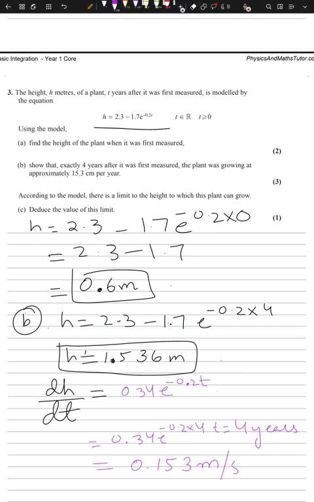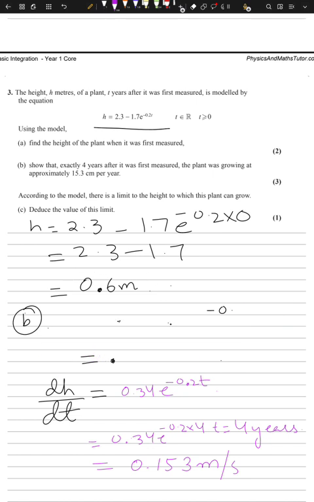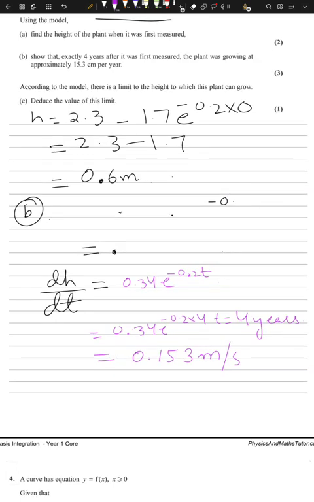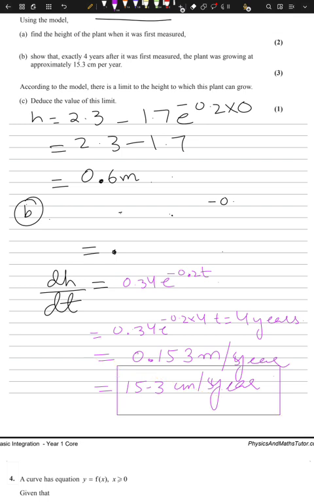But actually, the first part was not required over here. You can remove that out. It's the second part that's required. They're asking us the rate at which it grows. So this can be converted into centimeters by just multiplying it by 10. So 15.3 centimeters per second. Sorry, not per second, per year. So 15.3 centimeters per year is the rate at which it grows after 4 years.